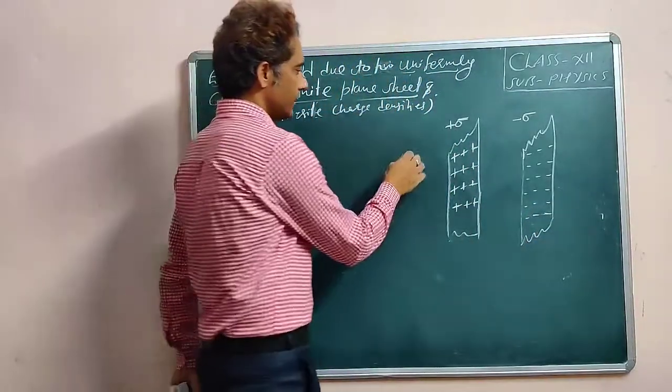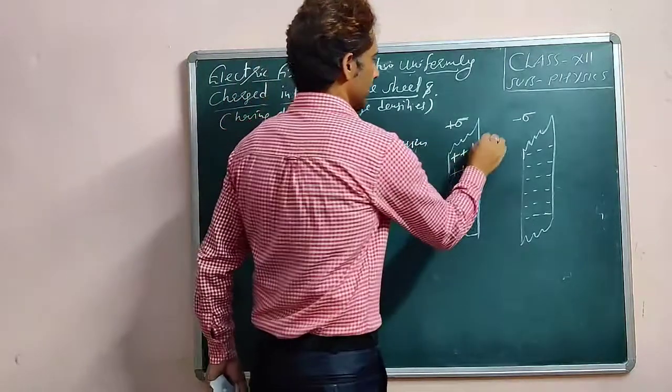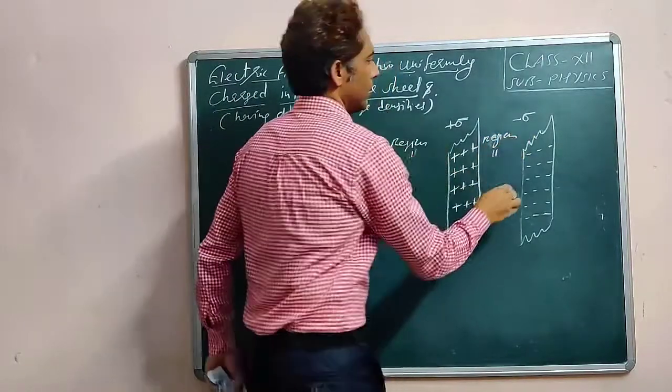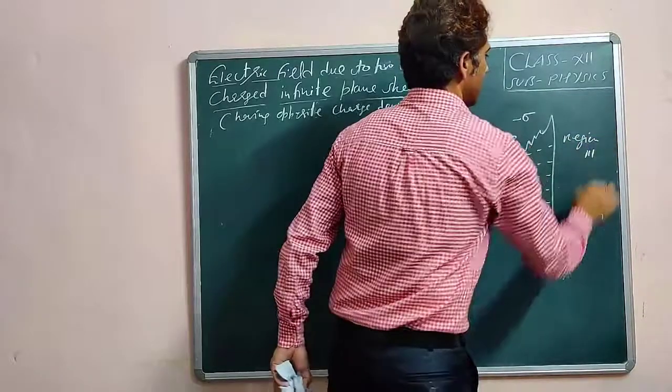Now again we can see the electric field in region 1. This is region 2, and this is region 3.